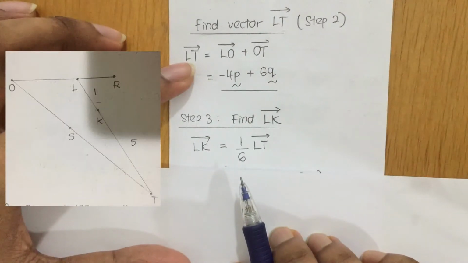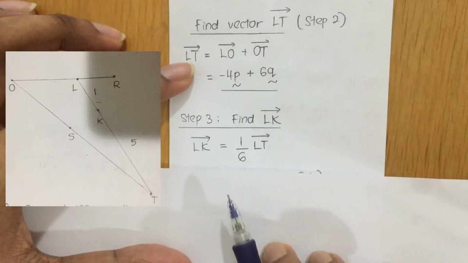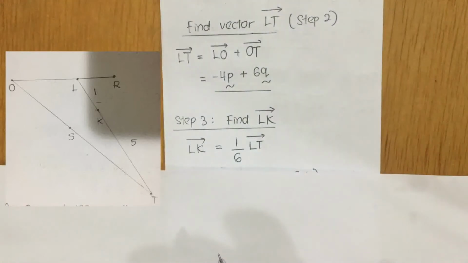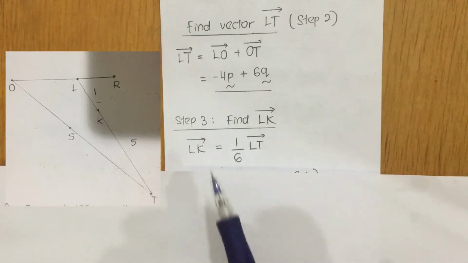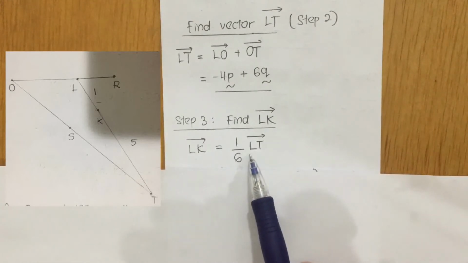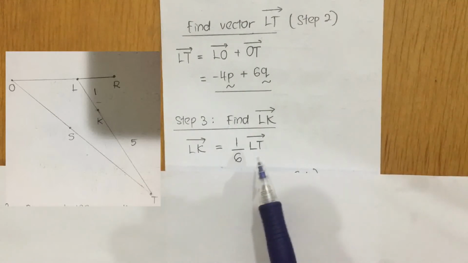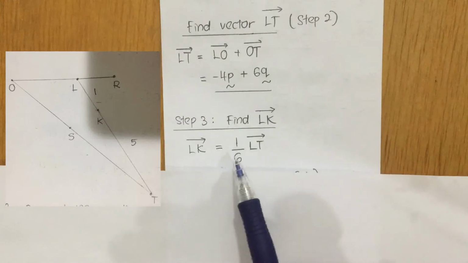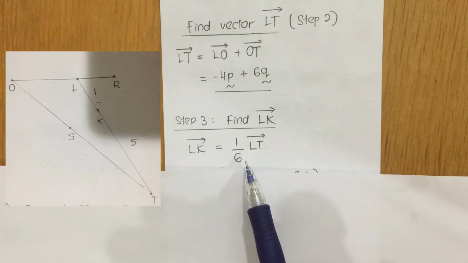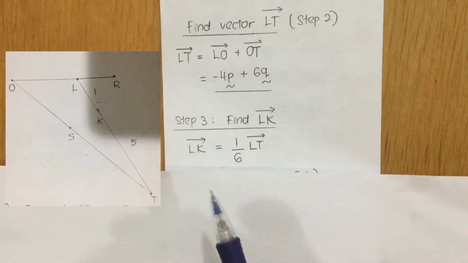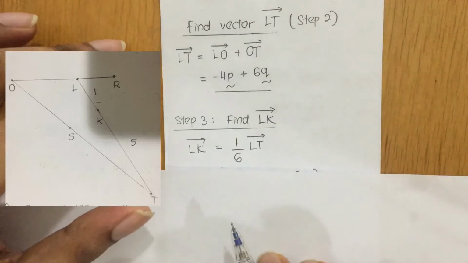As you look at the sketch diagram over here, LK and KT are in the ratio of 1:5. So 1 plus 5 will be 6. So the length of LK will be 1/6 of LT, and the length of KT will be 5/6 of the vector LT. So LT is in the ratio of 1:5, so that is why we have a relation of 1/6 over here. I hope you understand the explanation, guys.